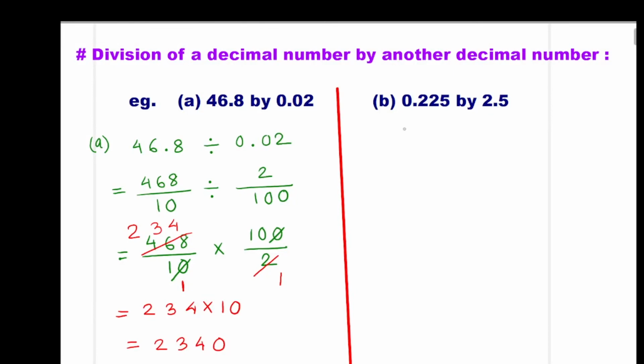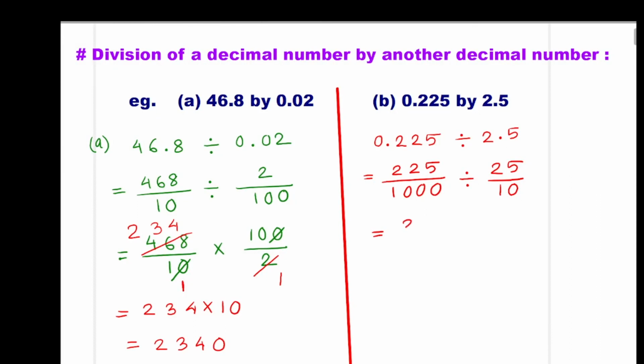Come to the next question: 0.225 divided by 2.5. Again, you have to convert both numbers into fractions. The point is before 3 digits, so write 1000, and divide 25 by 10.